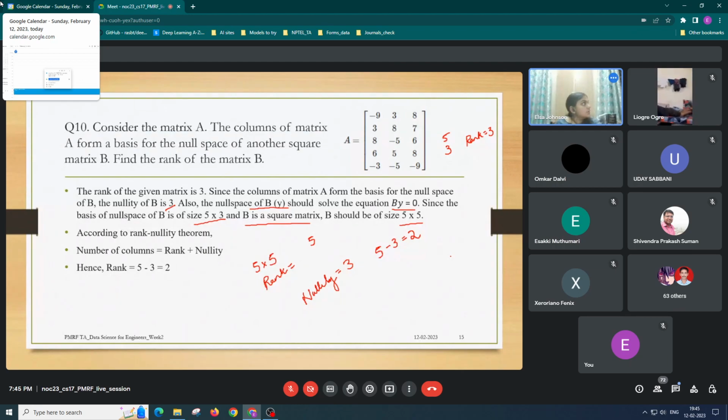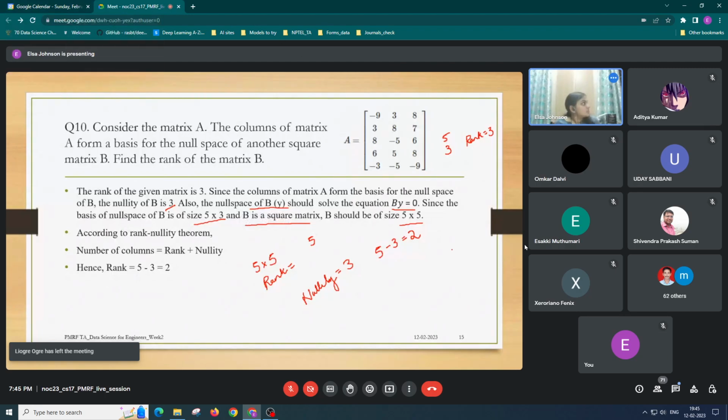Whoever is in the meeting, keep your mics muted and your cameras switched off, right? Make sure that there are no disturbances.